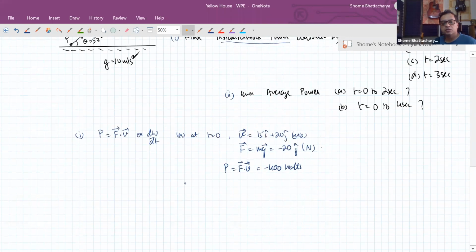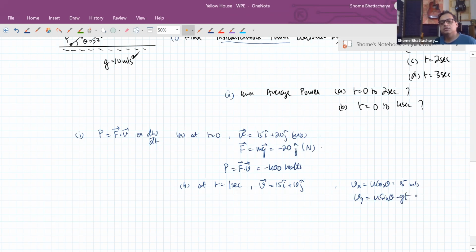Now similarly, at t equal to 1 second, the velocity will become 15 i cap plus 10 j cap. We'll use the relation that Vx is equal to u cos theta, which is 15, but Vy is u sin theta minus gt, which is 20 minus 10t in meters per second.